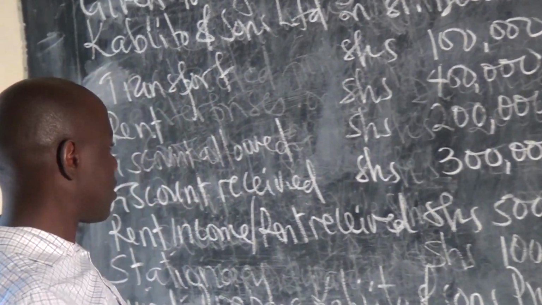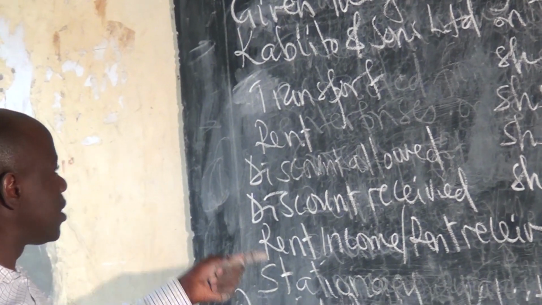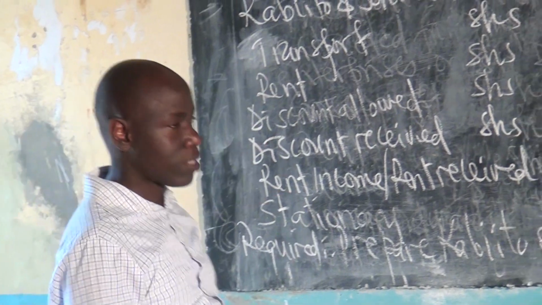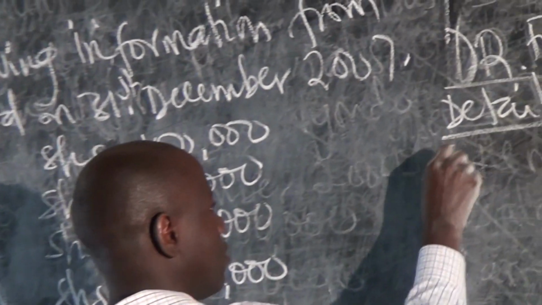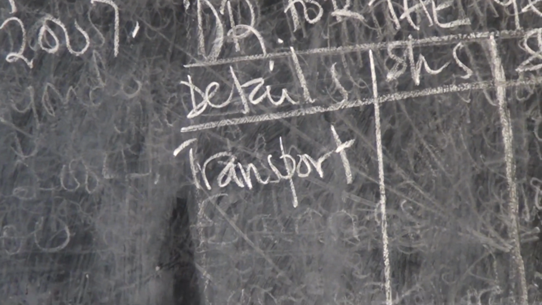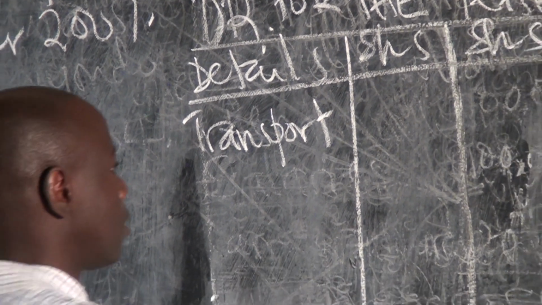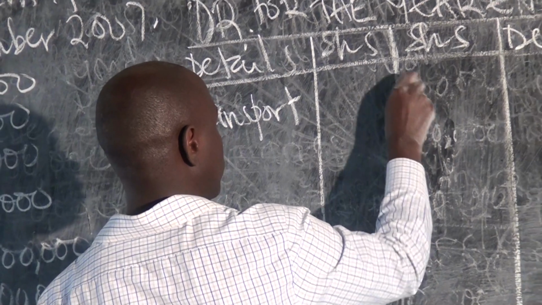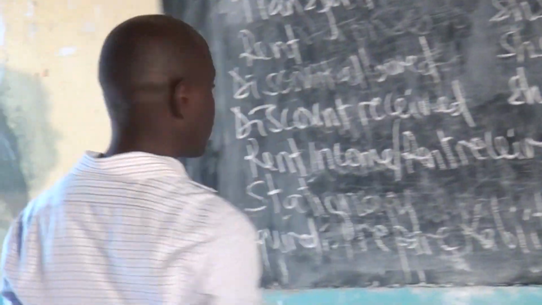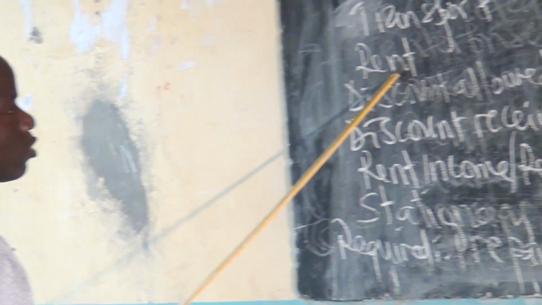Now, you go to your example, go to the question. Look for the expenses. I've seen transport. We take it to the debit side. Transport, how much money? 100,000. Another expense, we have rent.